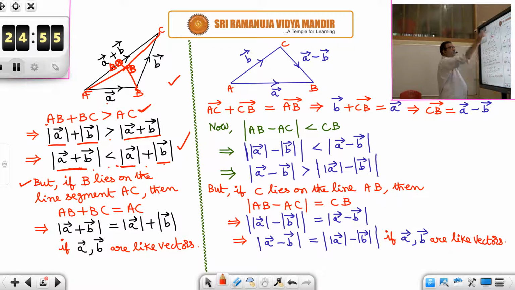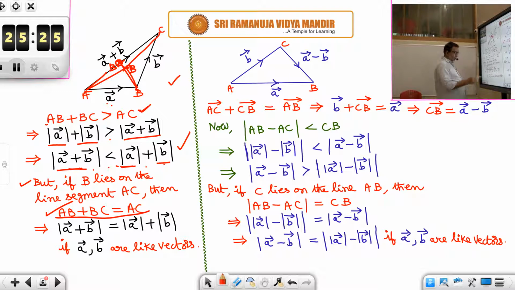That means A, B, C are collinear points. Then AB bar is A bar, is it not? And A, B, C are collinear points, B is lying in between, somewhere here. Then AB plus BC will be equal to AC. If B is in between A and C, AB plus BC length will be equal to AC only.